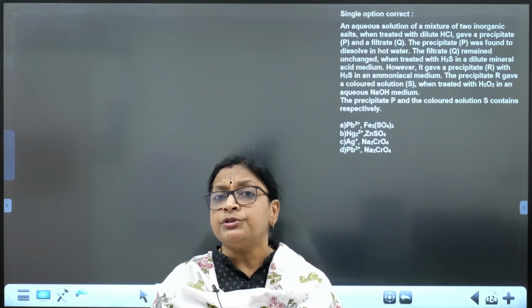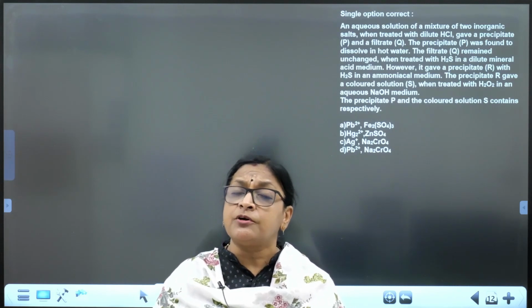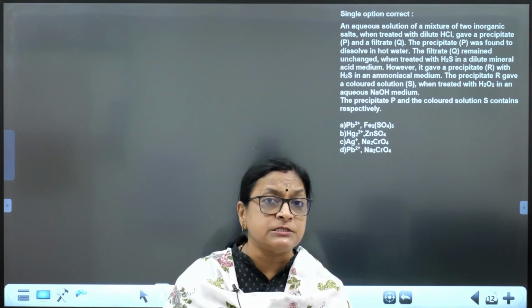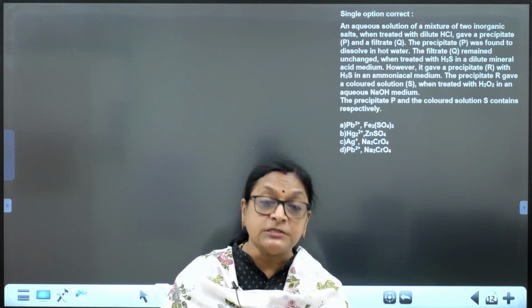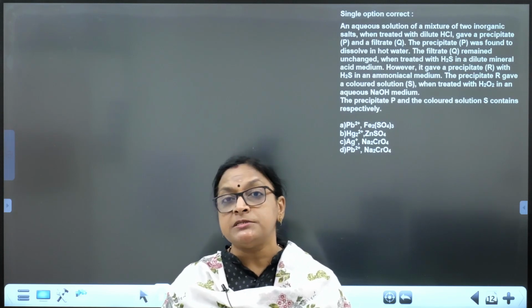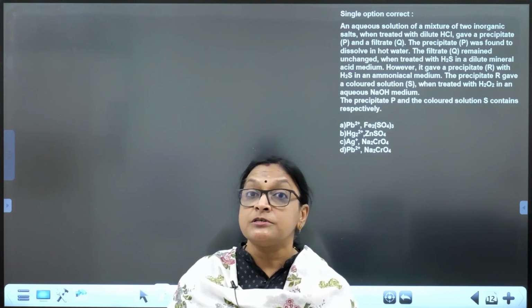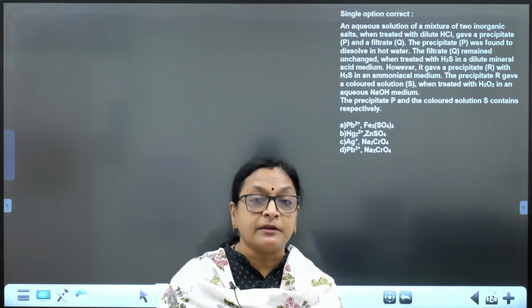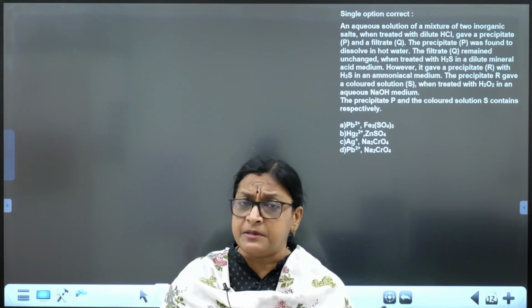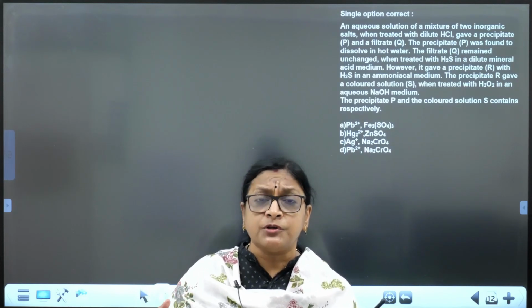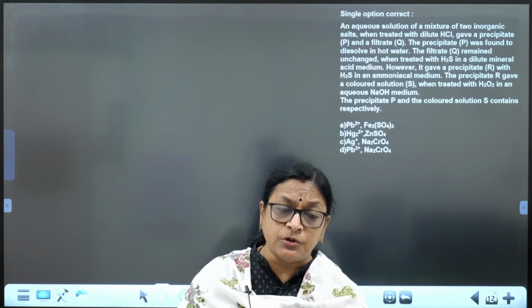As we know, the group 1 cations are silver Ag+, because AgCl is sparingly soluble, Pb2+, because PbCl2 is sparingly soluble, or mercurous ion Hg2 2+, because mercurous chloride is sparingly soluble. So it can be an Ag+ salt, a Pb2+ salt, a mercurous salt, or any of these whose chlorides are water insoluble.